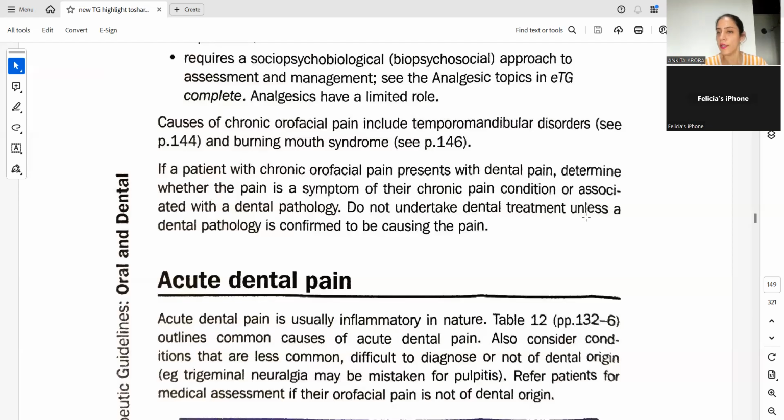Do not undertake dental treatment unless a dental pathology is confirmed to be causing the pain. Like I gave the example of the trigeminal neuralgia lady whose teeth were all extracted because she was thought to be having pain from this tooth, that tooth, and likewise.